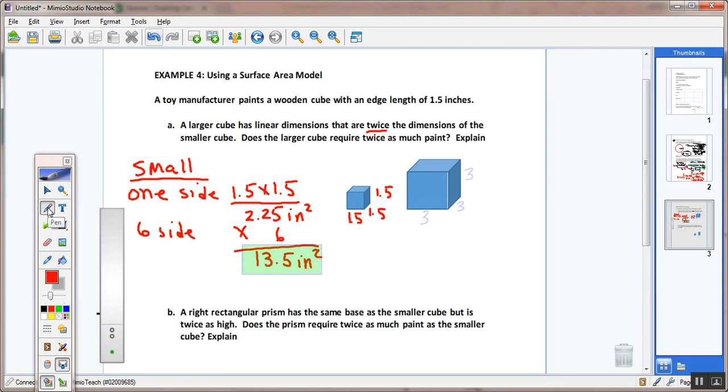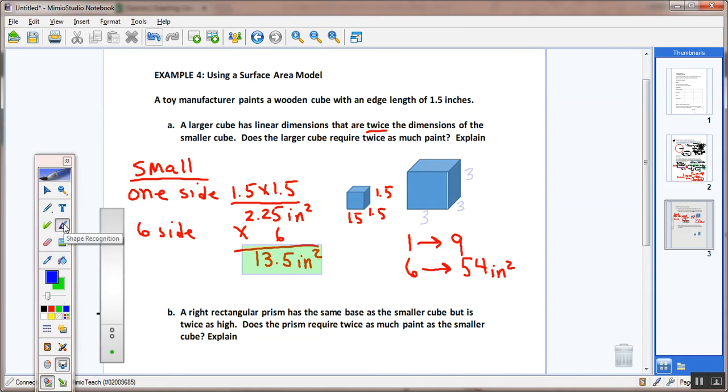Going to be 9. Okay, so one side is 9. So what's that make for 6 sides, kids? What's 9 times 6? 54. Okay, so for this one right here, you're using 54 square inches to paint that completely.